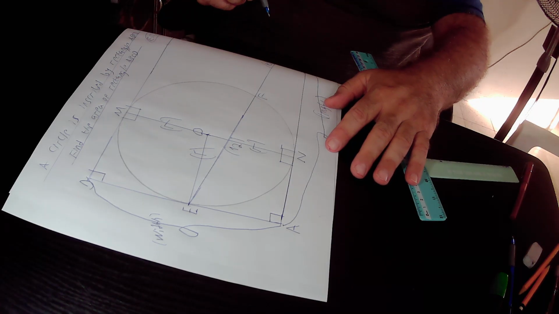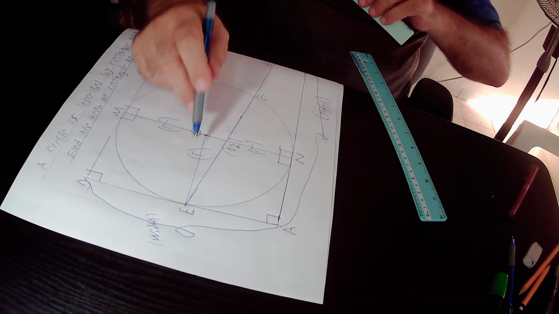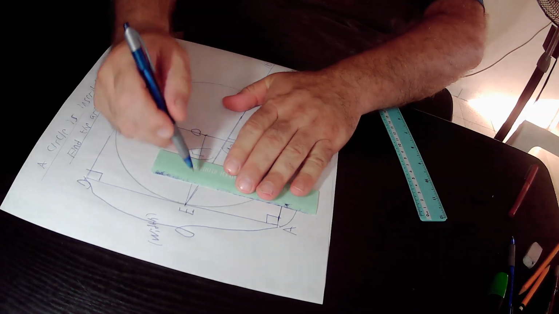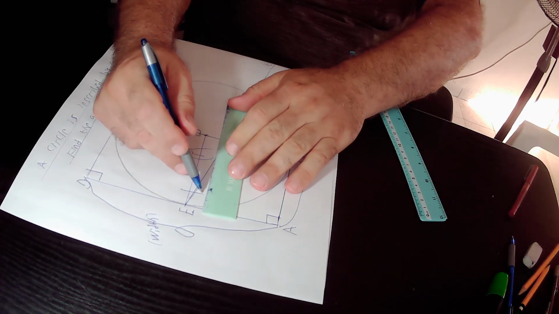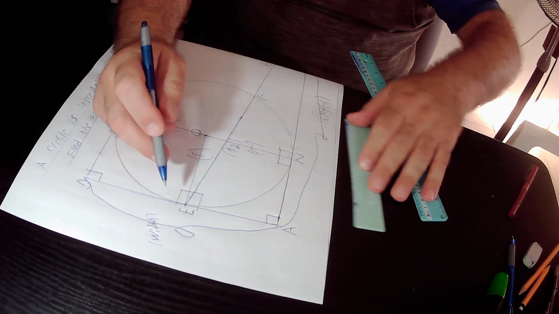And whenever your radius is drawn to the point of tangency, then tangent AD will be perpendicular to the radius EO. If AD is perpendicular to EO, it means that this angle equals 90 degrees, and this angle equals 90 degrees according to rule 1.